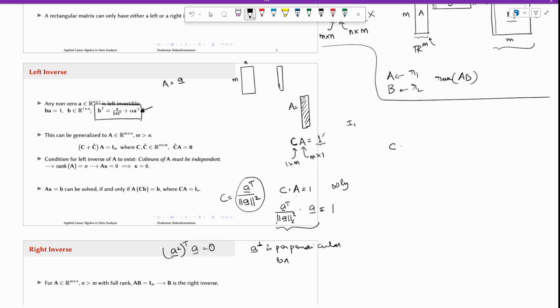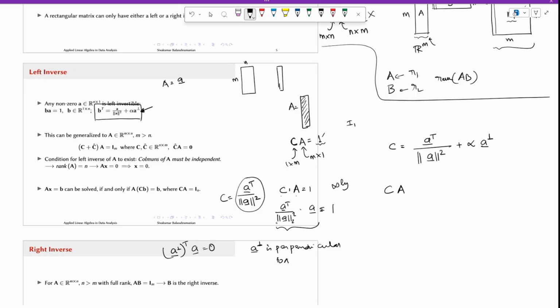So any vector of this form, with some scalar alpha, will be a left inverse of A.